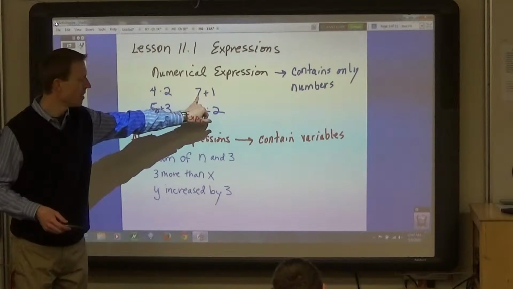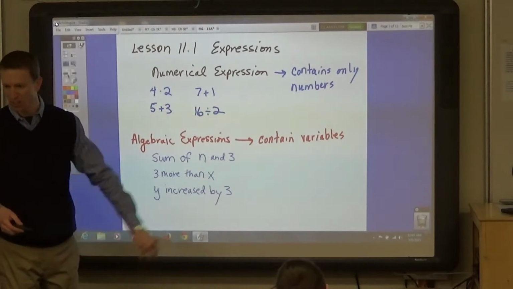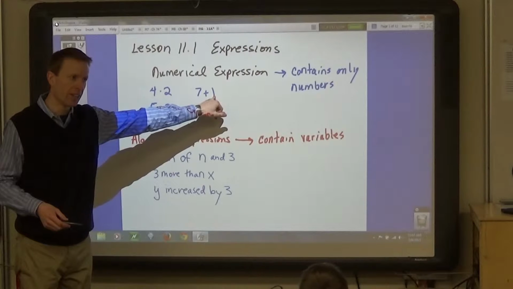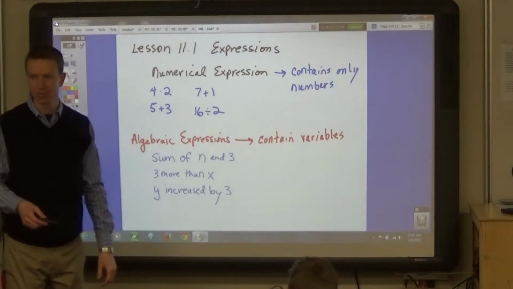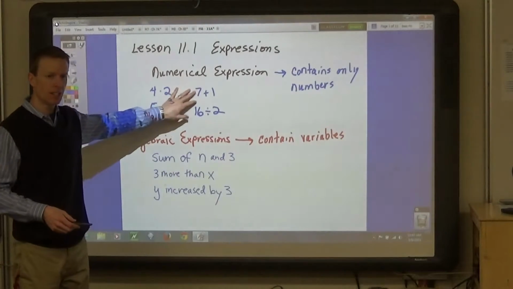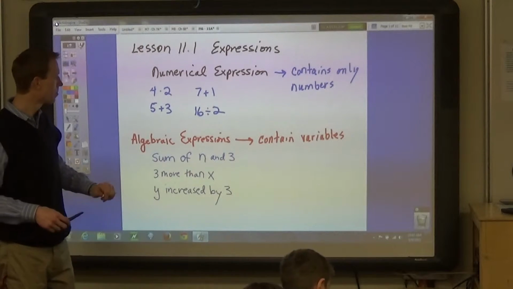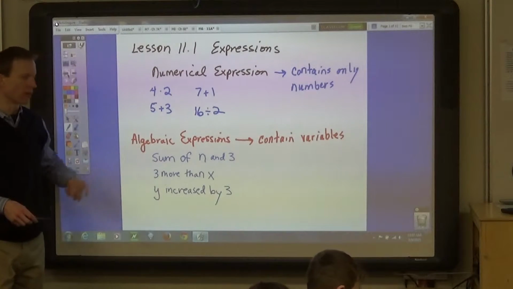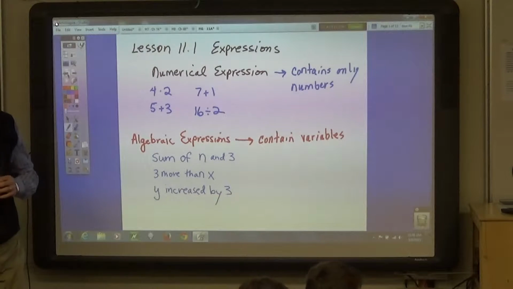The number of days in a week plus 1. There's 7 days in a week plus 1. So, 7 plus 1. Okay? 5 plus 3. These are all different types of numerical expressions. Right? Now, an algebraic expression is an expression that contains a variable then.